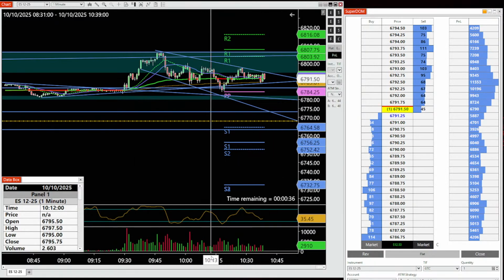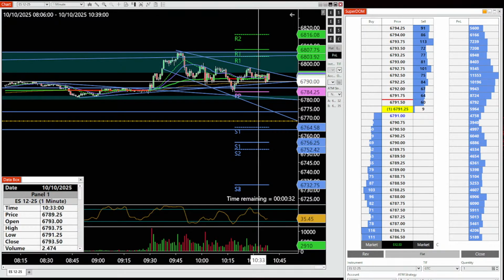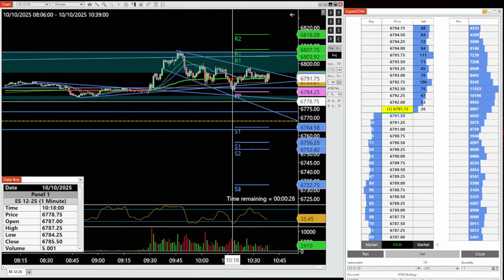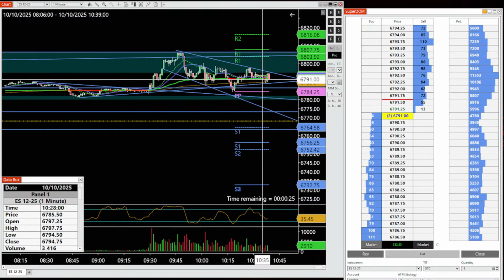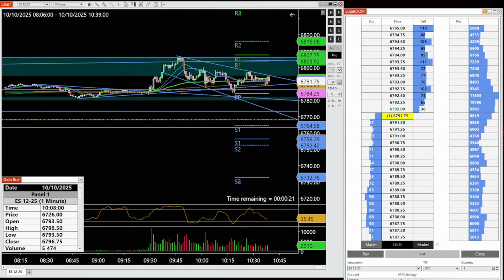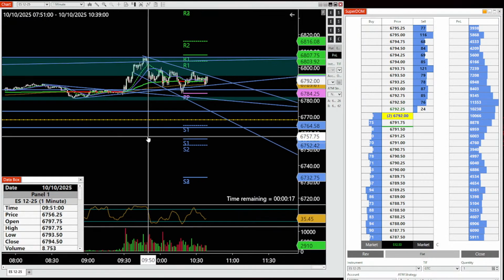Look at that. Just playing. Boom. 90, 95. Over under VWAP.